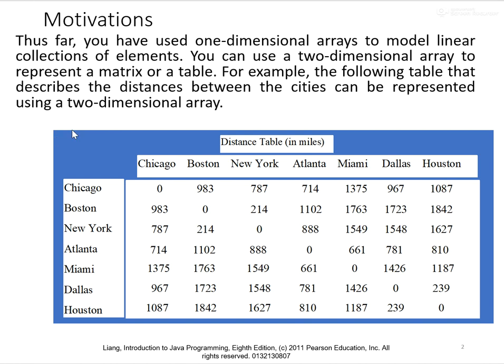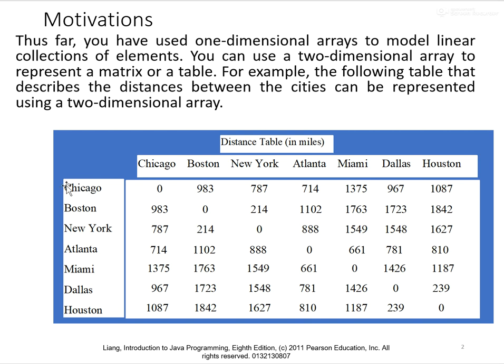So this is an example. This is something called a distance table, which tells us the distance between 2 places on a map. Let's say we have a couple of places. We have these US cities: Chicago, Boston, New York, Atlanta, Miami, Dallas, and Houston.